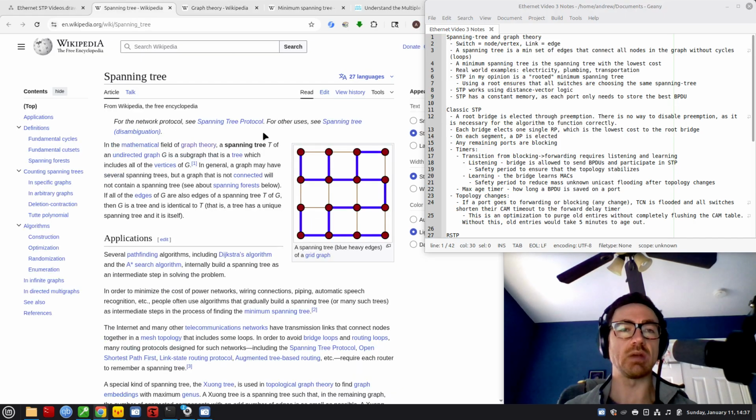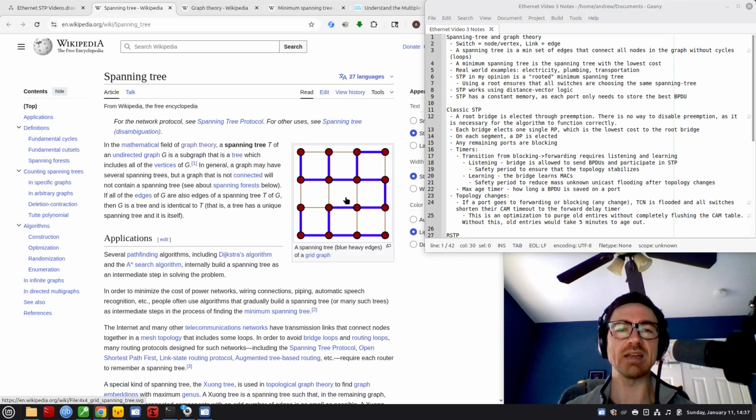So with graph theory, a spanning tree is a subset of the edges that essentially touch every single vertex in the graph without forming any cycles. And in graph theory, a cycle is a term for a loop. So in this example, we've got this grid of 16 vertices and edges connecting them.